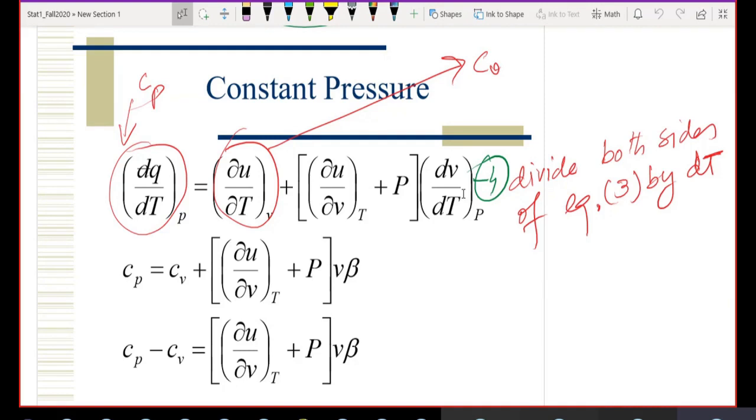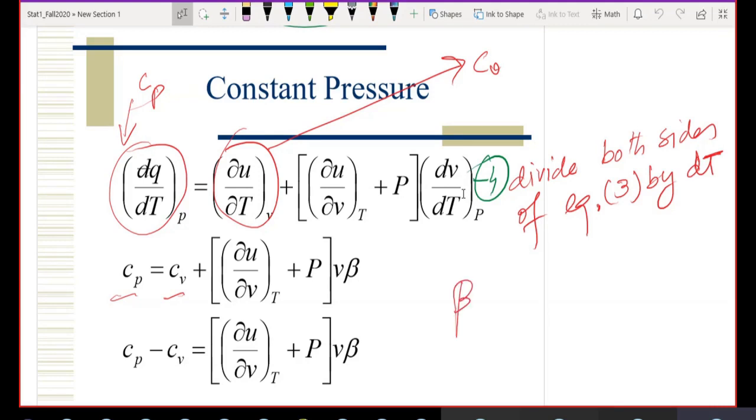You don't see anything. So that is the case, and you just simplify and you get Cp equals Cv plus partial U over partial V plus P, and then there is something defined, dV over dt, and that dV over dt I have written as beta.